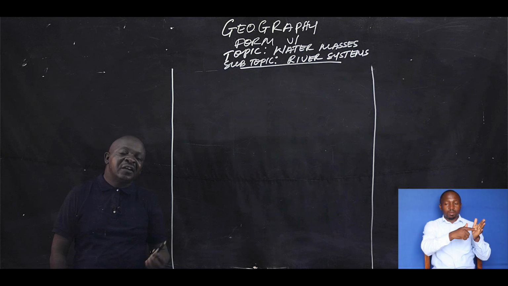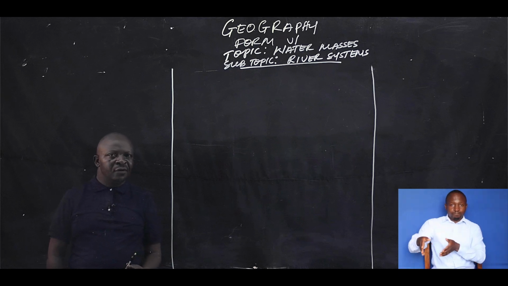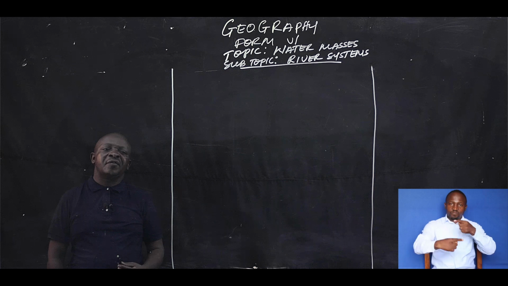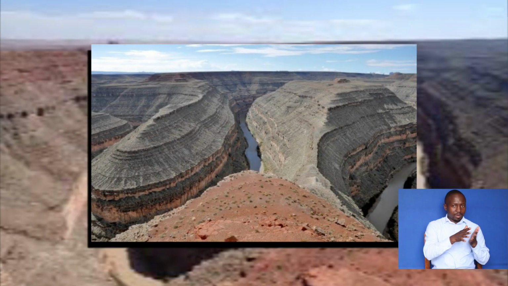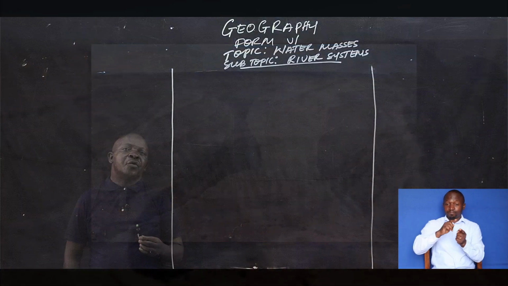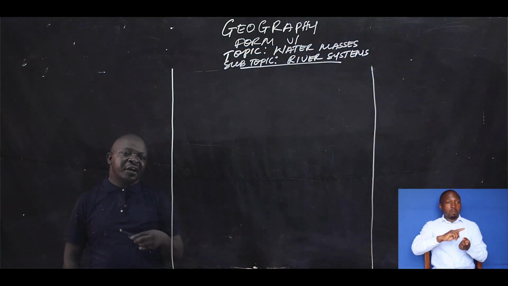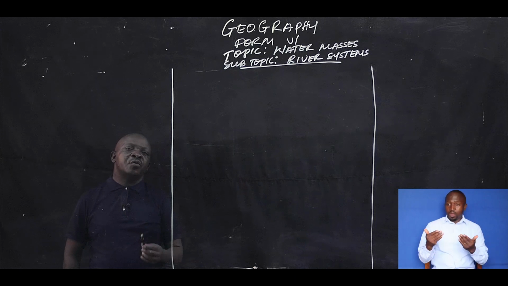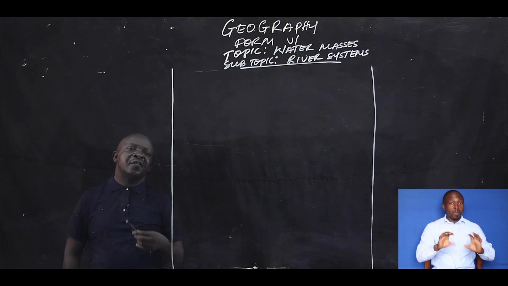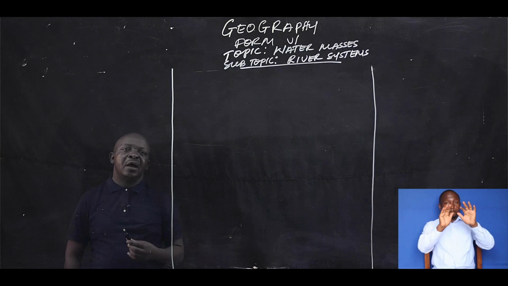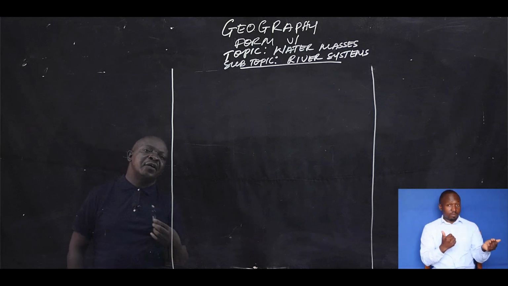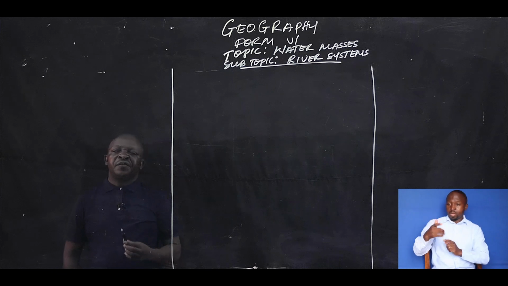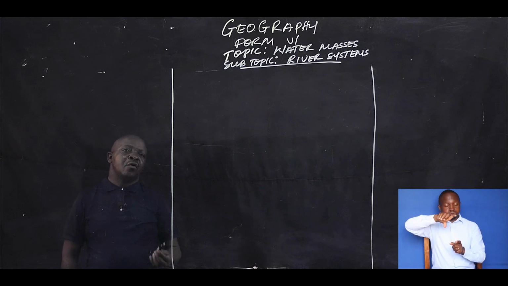Then we should proceed to give the main types. River rejuvenation is about the renewal, or you may say restimulation, of erosive activity in the river system following the increase of water velocity. This commonly occurs in the lower course.